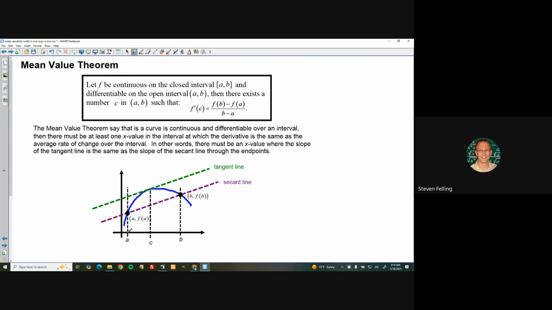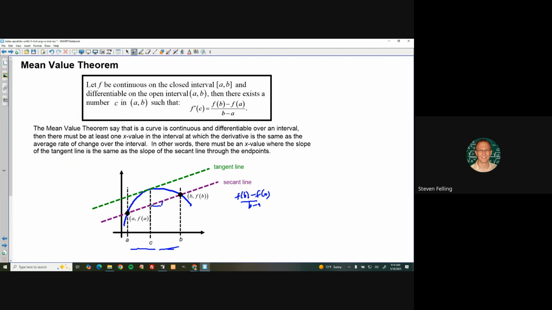Right, so that's saying that if you have an interval in x, you compute not the y values at the ends, you compute the average rate of change. In other words, the slope of the secant line. If you take f of b minus f of a over b minus a, what you're doing is finding the slope of this line right here.